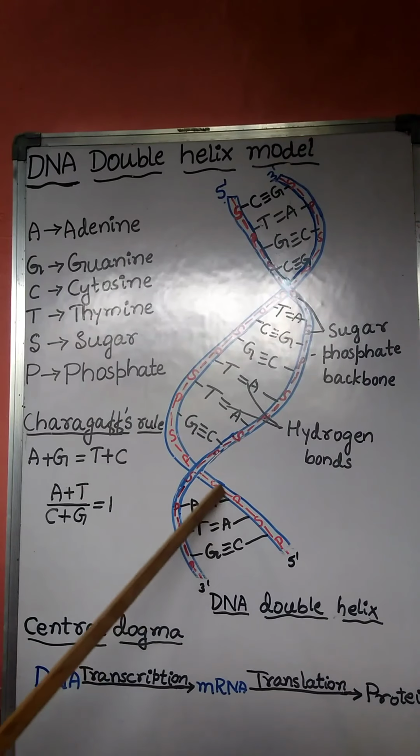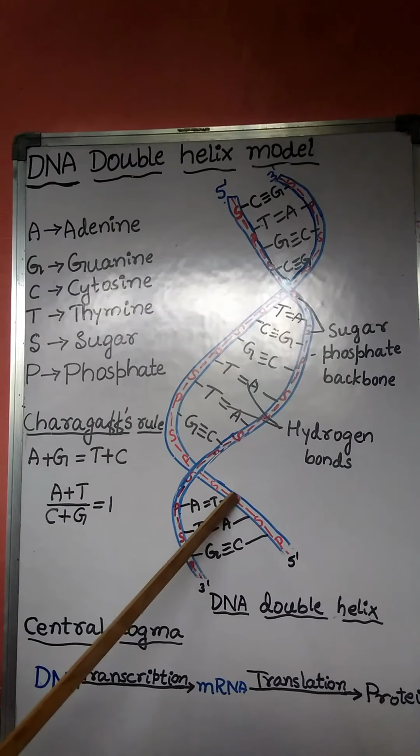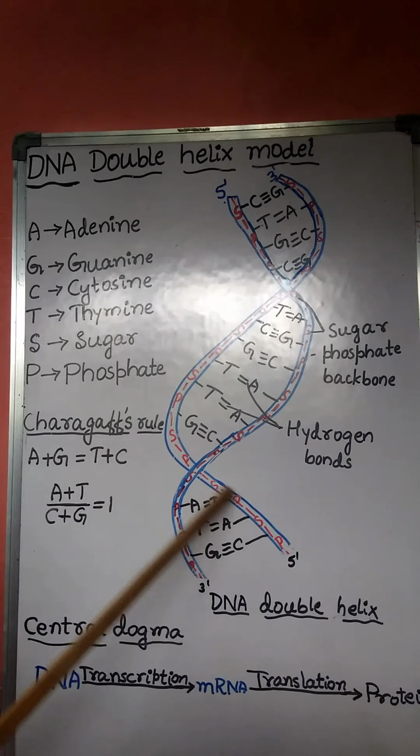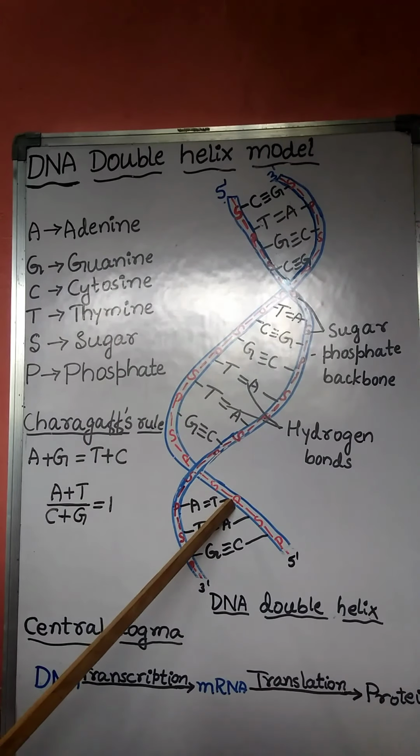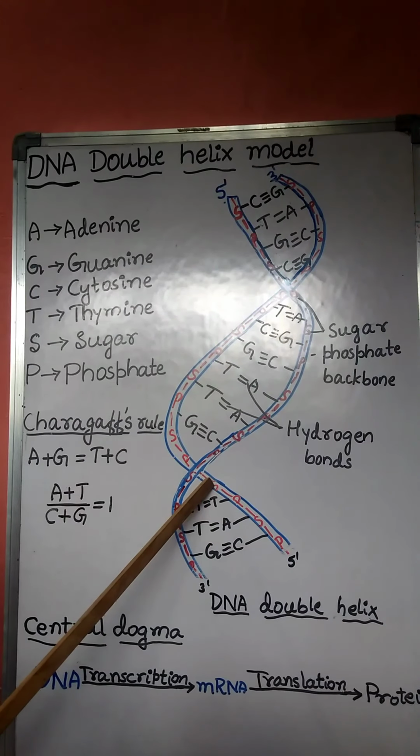Here you can observe the presence of sugar. S indicates sugar and P indicates phosphate, and this sugar and phosphate form the backbone of the polynucleotide strand.